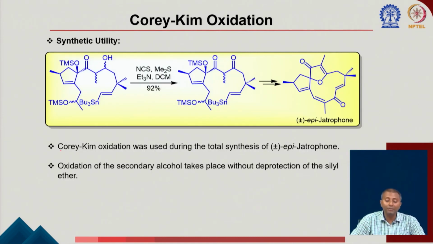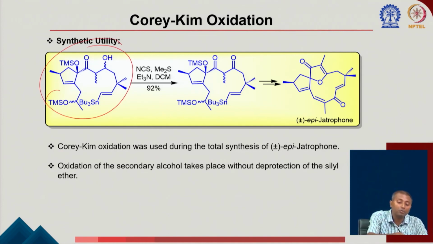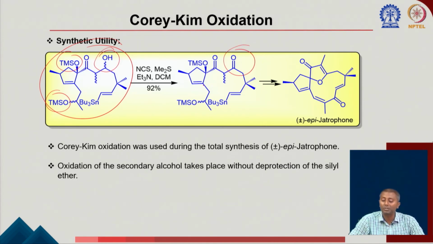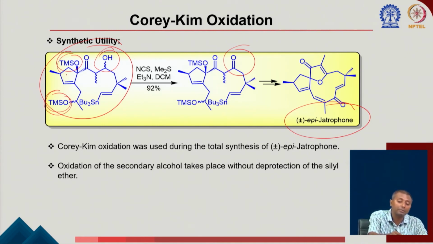For some of the synthetic utility, you can see in this particular compound there are so many protecting groups for the alcohol. There is TMS protection, and this alcohol is selectively oxidized without any problem, which can then be converted to a natural product. So you can understand that in the presence of this silyl protecting group this method is working very nicely.